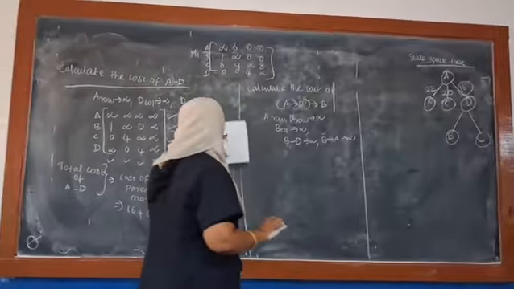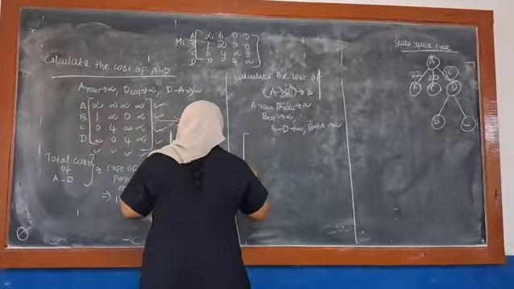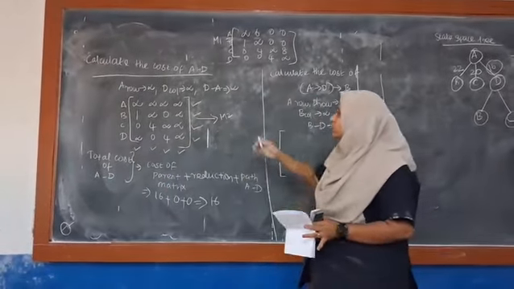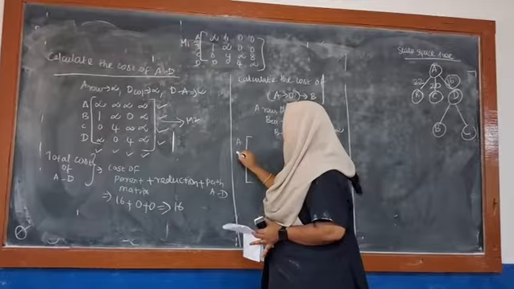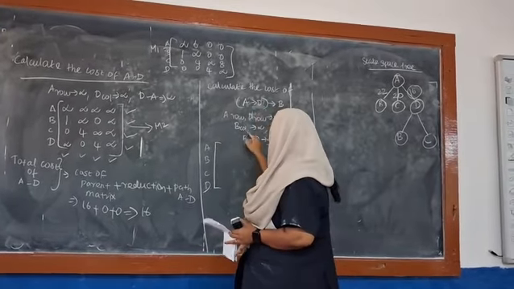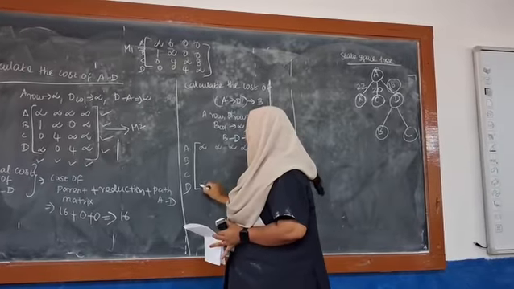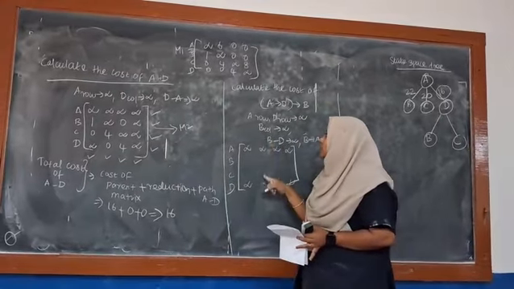You have to apply all these things in this particular matrix only, because from the D matrix only you are going to implement further. You take this M2 matrix. So this is A, B, C, D. The A and D rows are infinity, and now the B column is infinity.